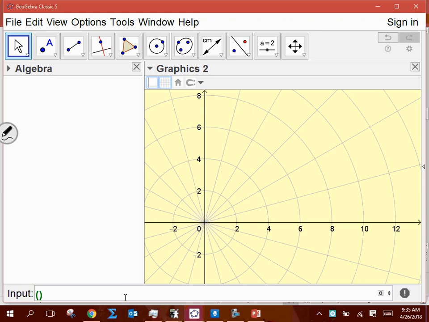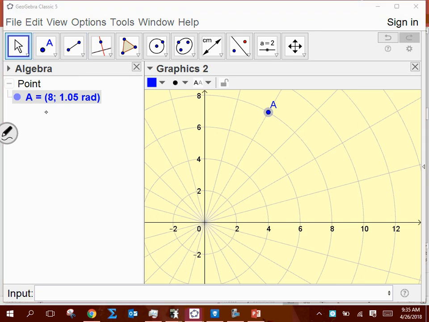So let's just do this. Let's go 8 comma, and just do pi over 3. All right, so let's take that point. Okay. And like I said, it was 8 comma pi over 3.